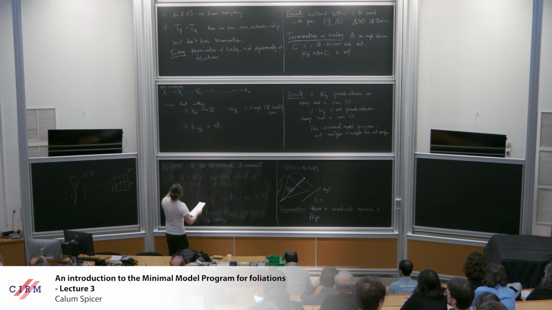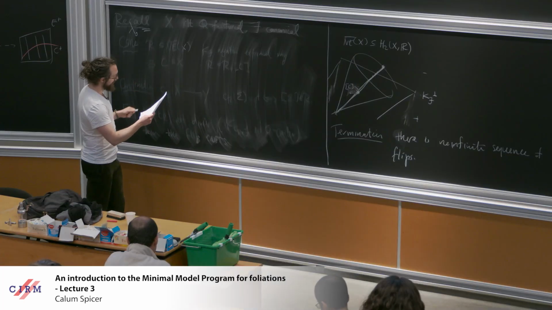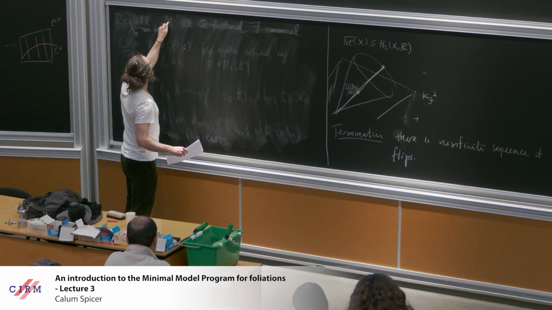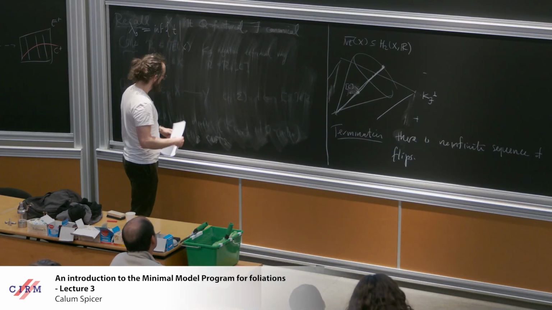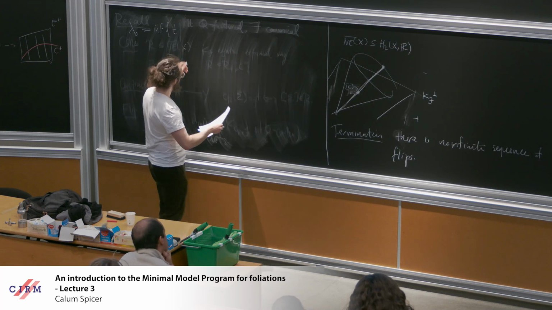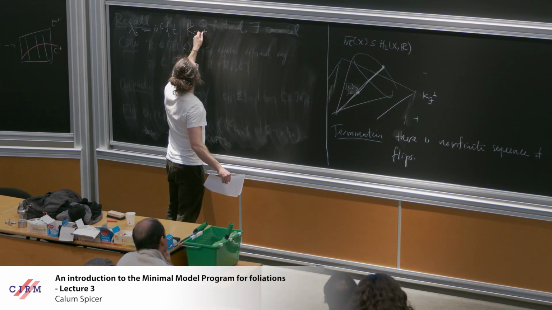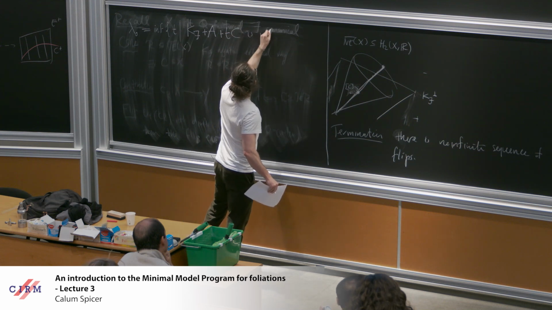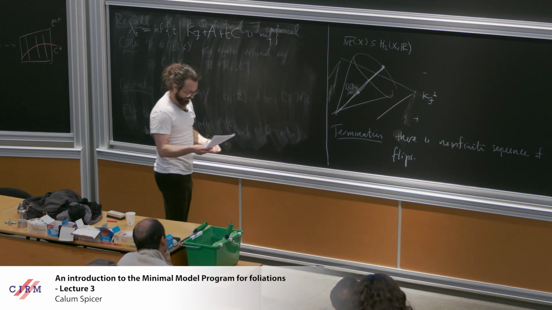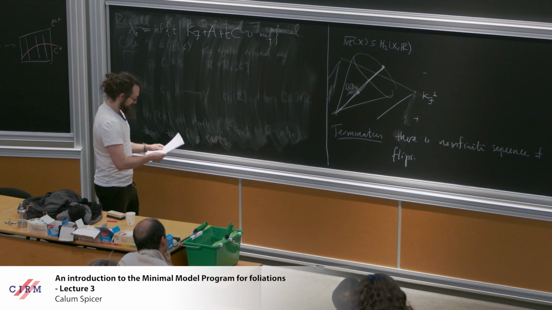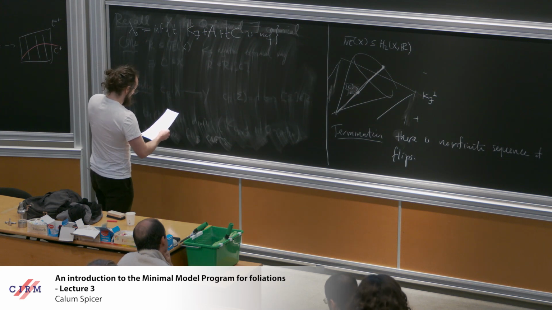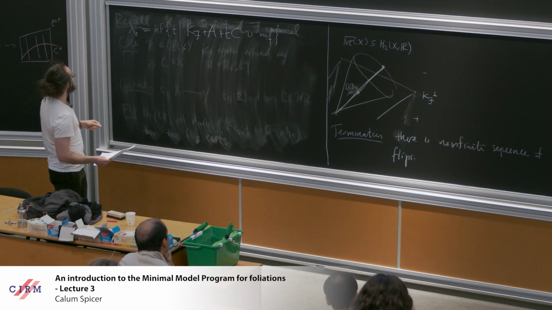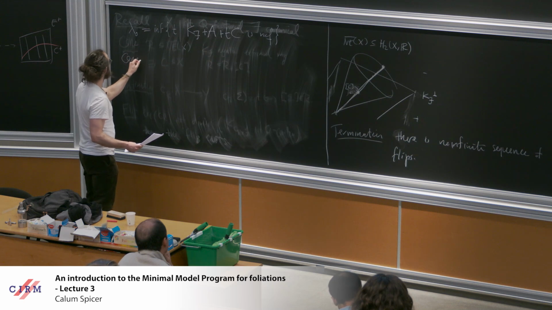So what we want to look at is we define lambda naught to be the infimum across all t such that kf plus a plus tc is nef. And so it's a fact, or I guess it's essentially a consequence of the cone theorem.